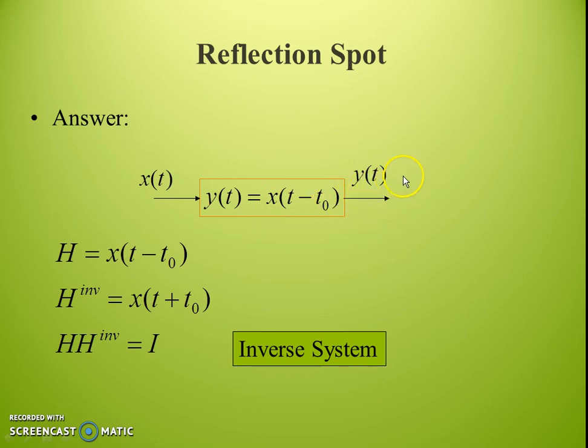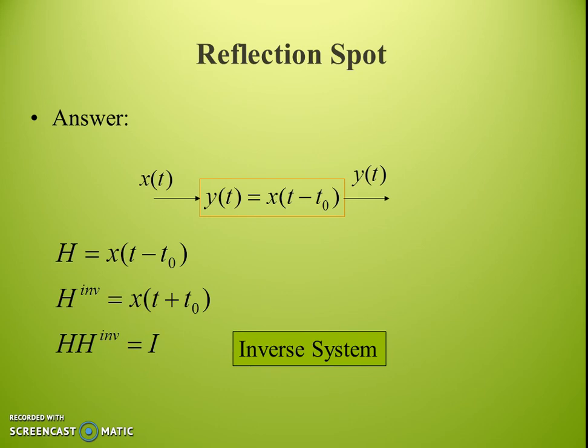So if we can make another system over here which will cancel this delay, or in other words, it will make a delay of plus t0, then it will cancel the previous delay minus t0, and hence we will get our input again as the final output. So yes, this system would be an invertible system, and we can verify this, that the combined function of both the system operators h and h inverse is identity. So yes, this system is an invertible system.